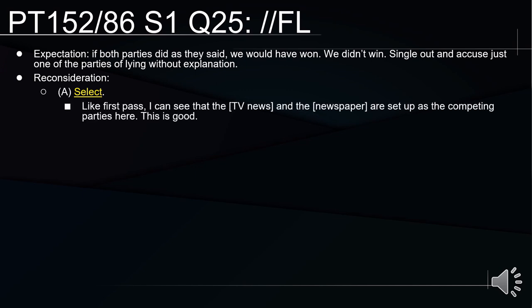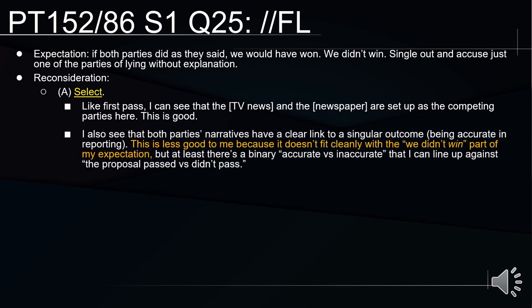Like I saw in my first pass, I did see that the TV news and the newspaper are set up as the competing parties by the conclusion, and this is good. This is pretty parallel to what I'm seeing. So, just like Stallworth versus Henning, we've got TV news versus the newspaper. I also see that both parties' narratives have a clear link to a singular outcome, being accurate in reporting. This one was a little less comfortable to me than the first element, because I didn't feel like the tone and nature of what was at stake was a clean fit with the win, didn't win part of my expectation.